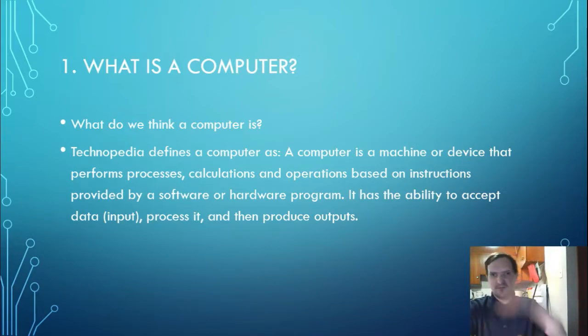So, anything that can accept data, process it, and produce outputs according to a program is a computer. It's always a machine or device, and the instructions perform calculations, processes, and operations.